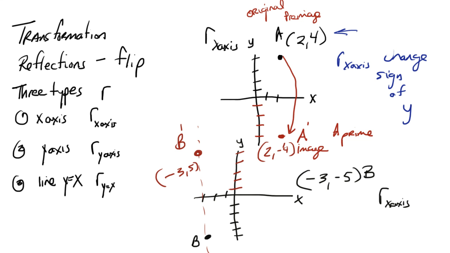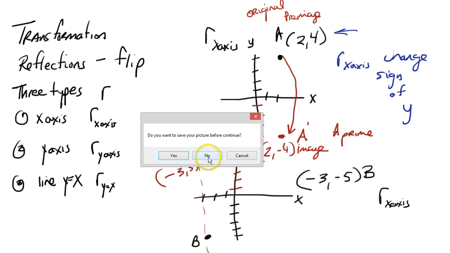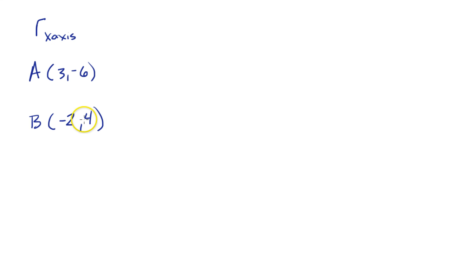Let's try it again. This is going to be our x-axis. I'm just going to give you a couple points. A is 3, -6. B is -2, +4. You need to find A prime and B prime.